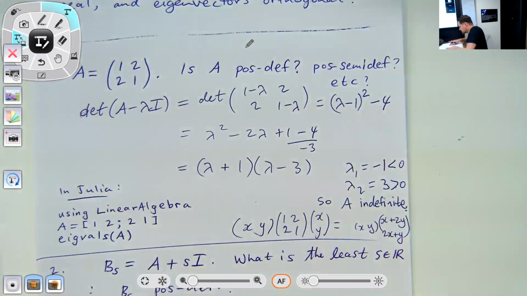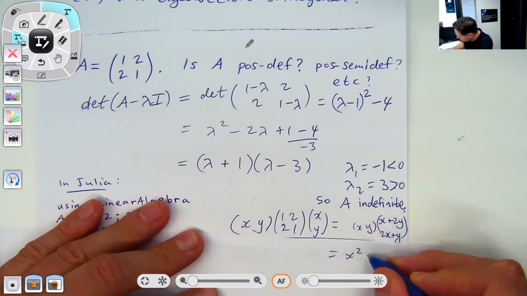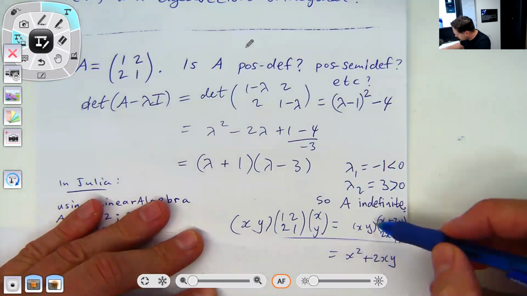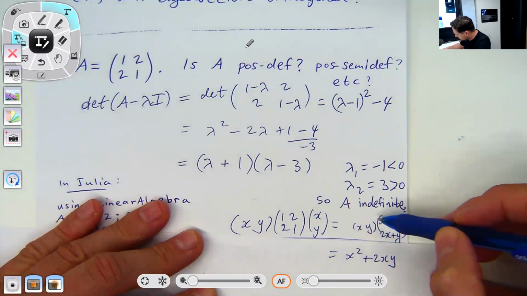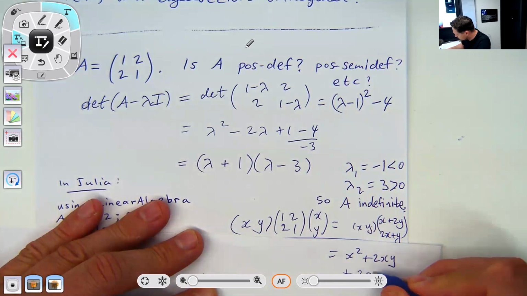We'll run out of paper here, so I'll just grab some more. Okay, so we've got x squared plus 2xy, and then in the bottom, the y times this one gives us plus 2xy plus y squared.